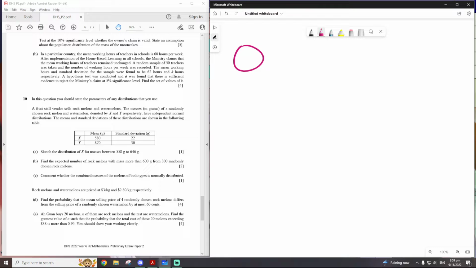Sketch the distribution of x for masses between 558 to 646. You'll realize that 558 is one standard deviation from the mean, and 646 is 3 standard deviations from the mean. So these were not actually arbitrarily chosen values. So this is 580.